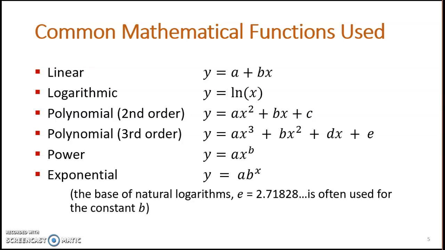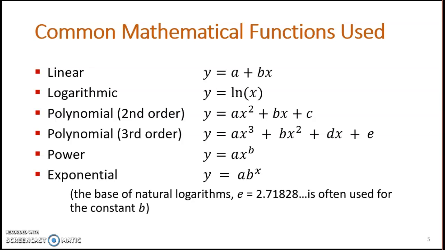Common types of mathematical functions used in predictive analytical models include linear, logarithmic, polynomials, second order, third order, power, as well as exponential. A linear function shows a steady increase or decrease over the range of x.